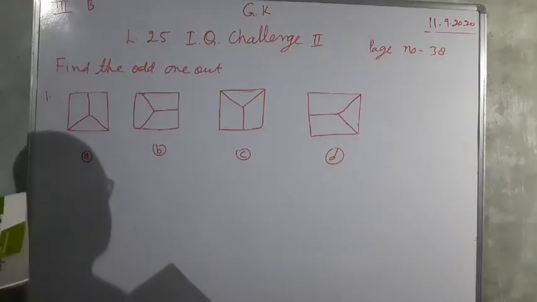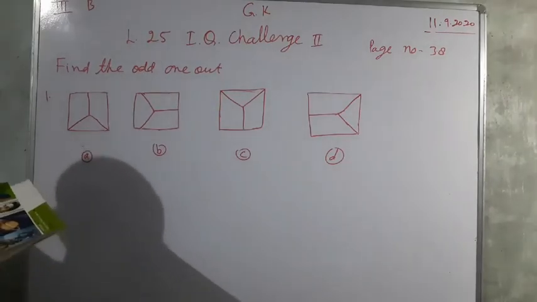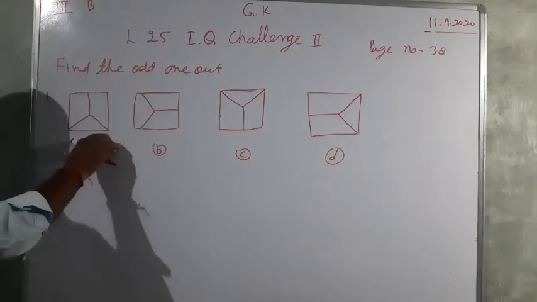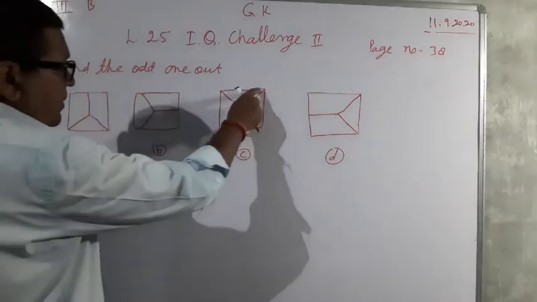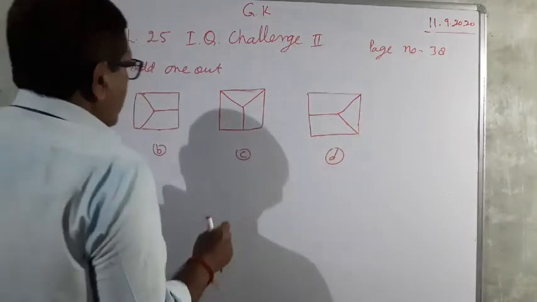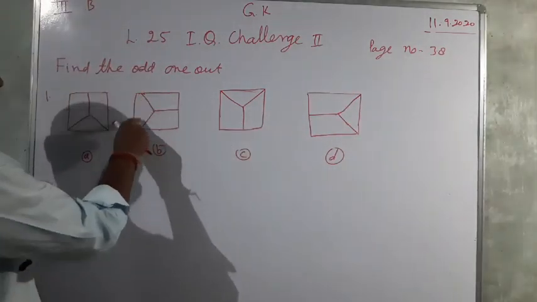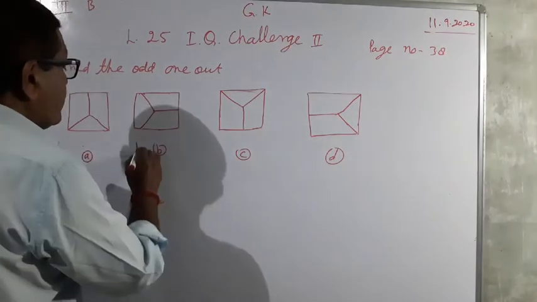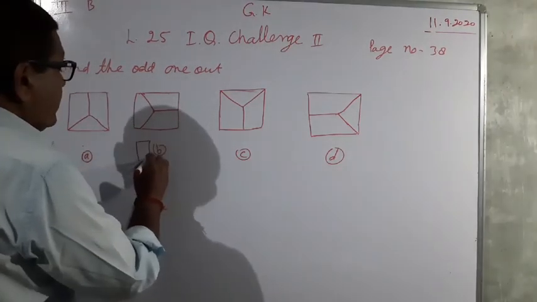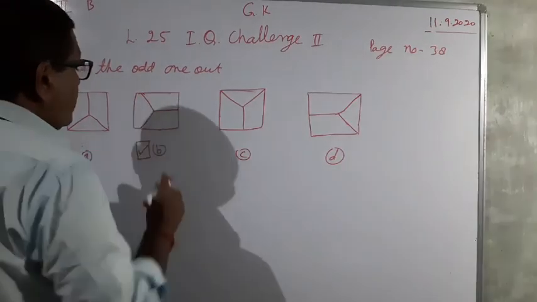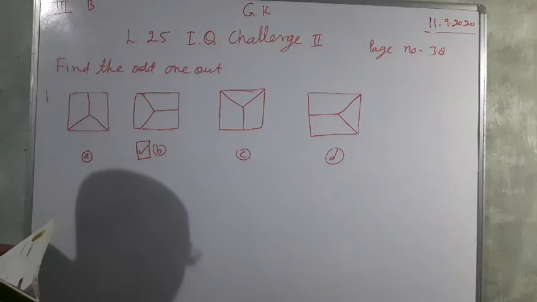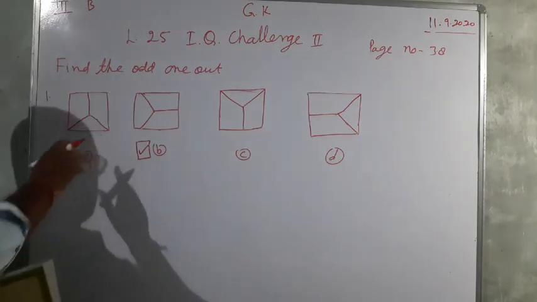In this case, this line is coming from the corners, here also coming from the corners, here also coming from the corners, but here this line is not coming from the corner. So B is the odd one. So you have to make the tick in the B. Find the odd one out. So this one is the odd.